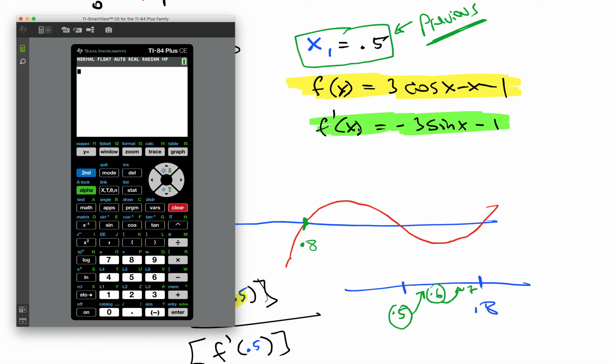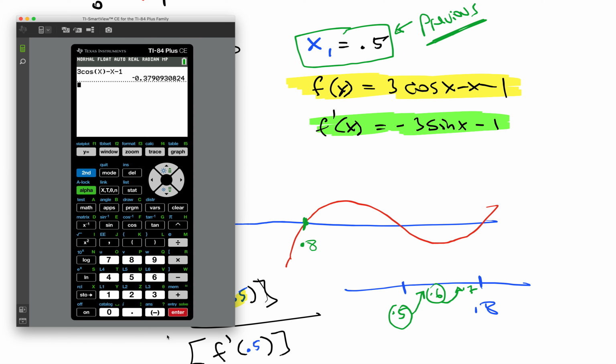The yellow one is our original. So just go ahead and type in 3 cosine x, make sure you're in radians. This entire class is radians. So 3 cosine x minus 1. Bam. Who cares what the answer is for now?